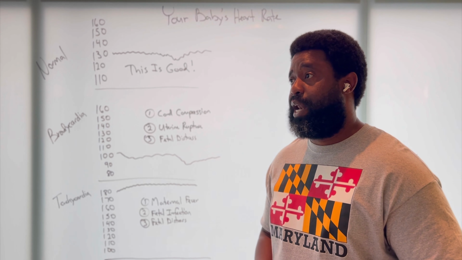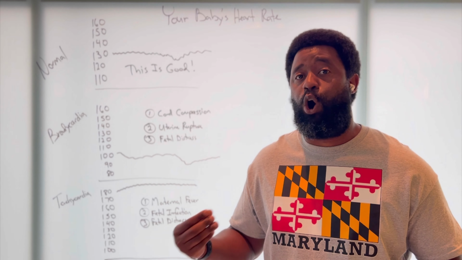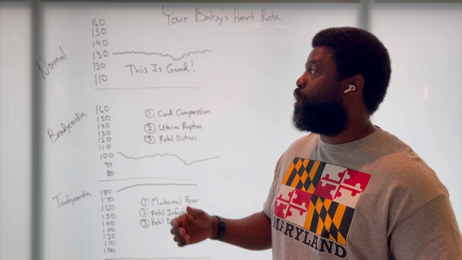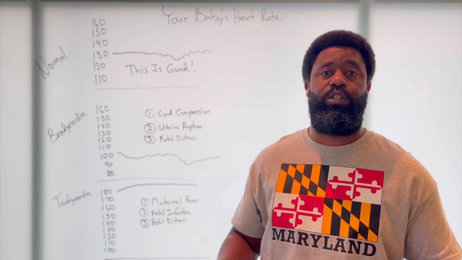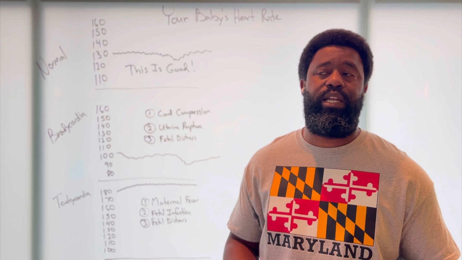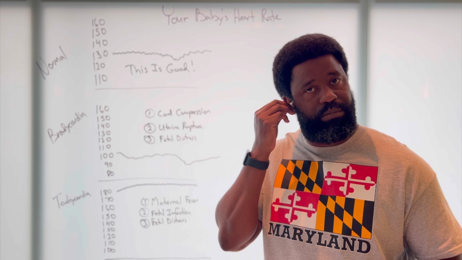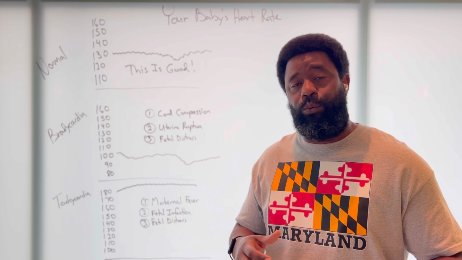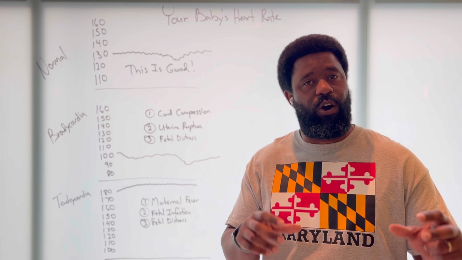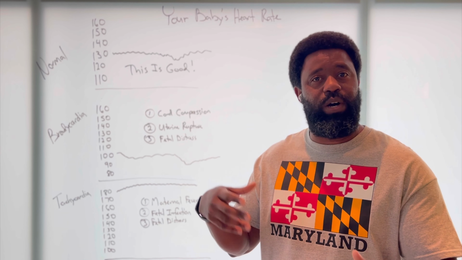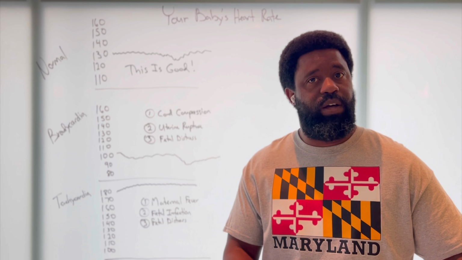Getting back to your baby's heart rate, what we generally want to see is the normal range. A baby's normal heart rate is about 110 to about 160 beats per minute. Within that time frame, you may have times in which the heart rate goes a little bit above 160 or a little bit under 110.